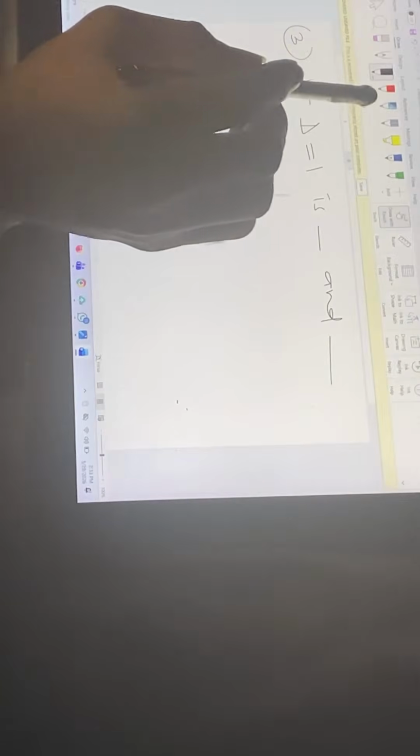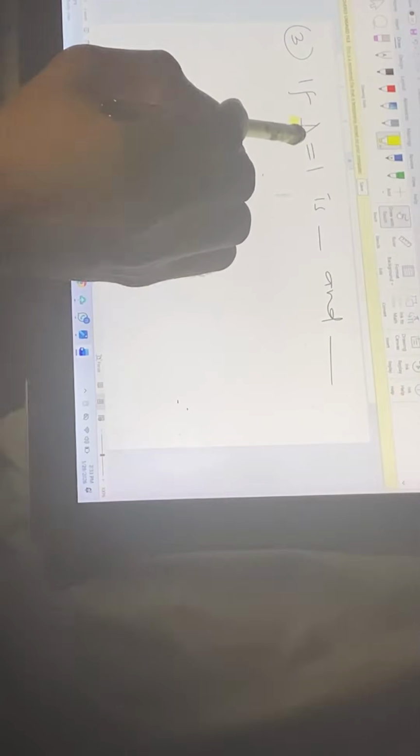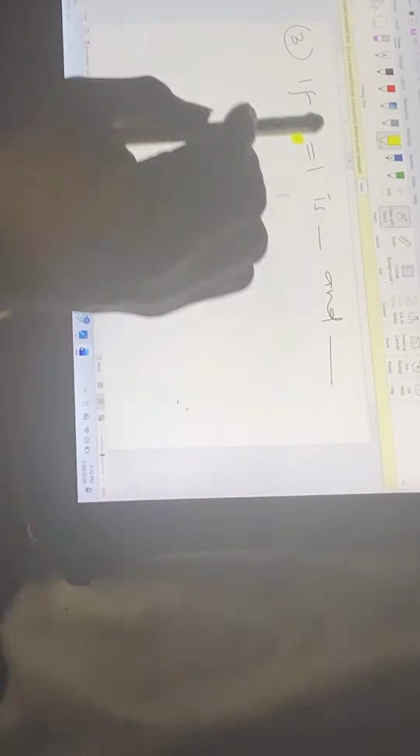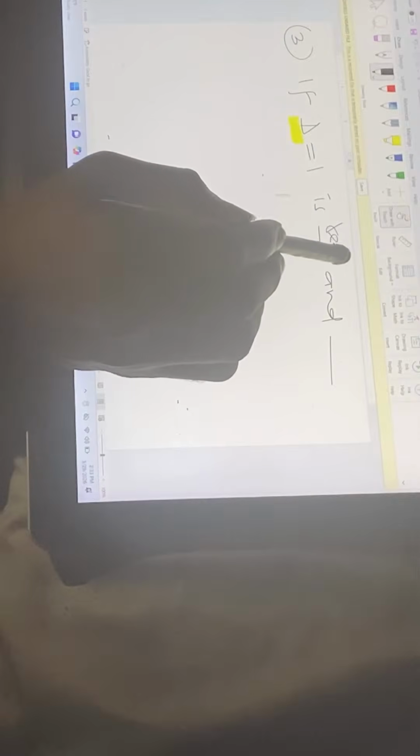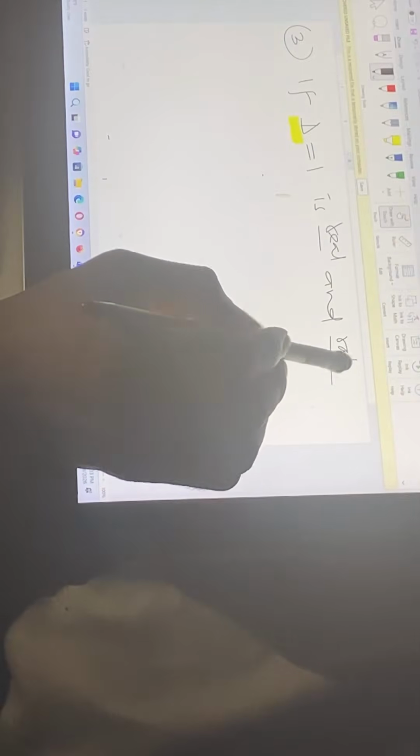So this D you are seeing here, class, is called the discriminant. If the discriminant is equal to 1, that means the roots will be real and rational, that is, real numbers and rational numbers. Please take note, that will be the answer.